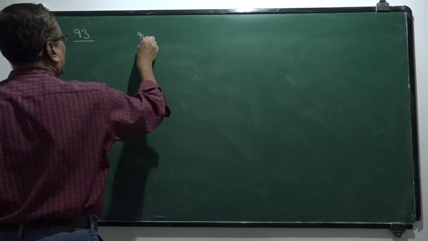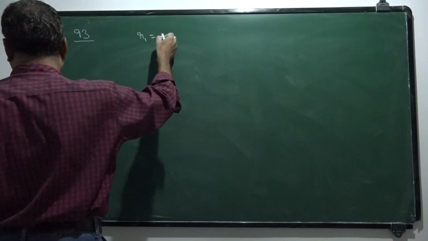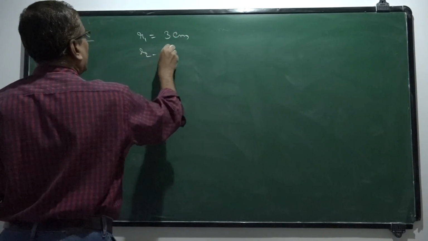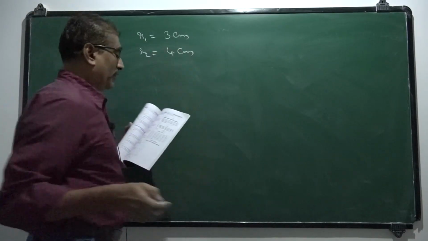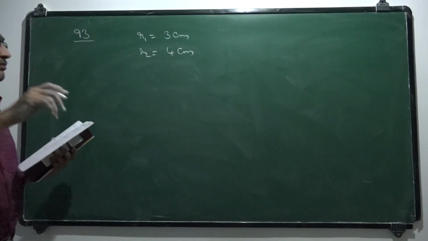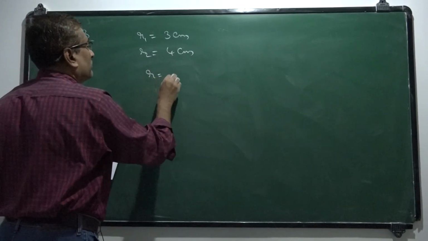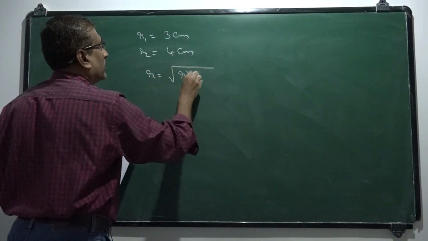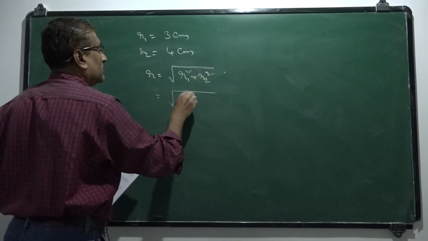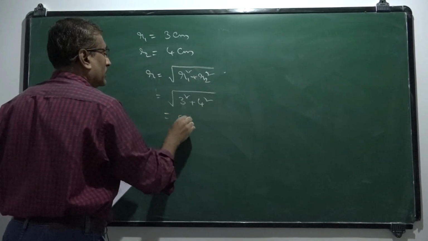So given, then the radius of the resultant bubble, R1 is 3 centimeter and R2 is 4 centimeter. Coalescent means combine. So in that case we have this formula, R1 square plus R2 square. So you can have 3 square plus 4 square, that is 5 centimeter.